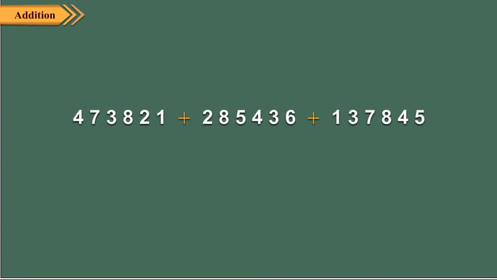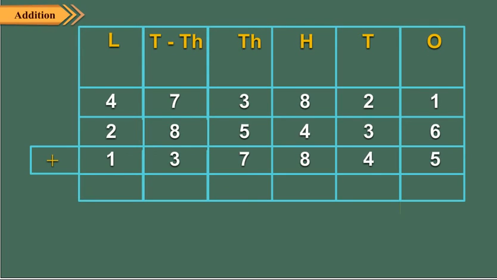Let us now add 3 6-digit numbers. Arrange the numbers in columns. Add the ones digits. 1 one plus 6 ones plus 5 ones is equal to 12 ones. This is equal to 1 ten, 2 ones. So we write 2 in the ones column and carry over 1 to the tens column.